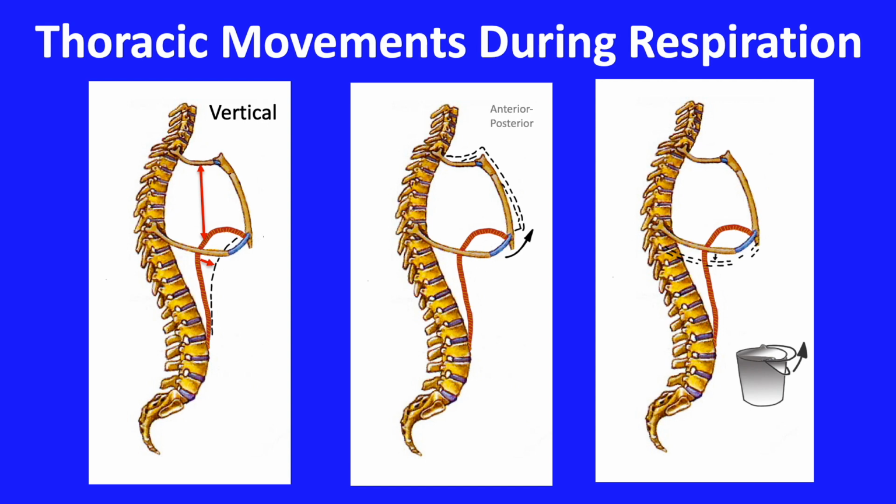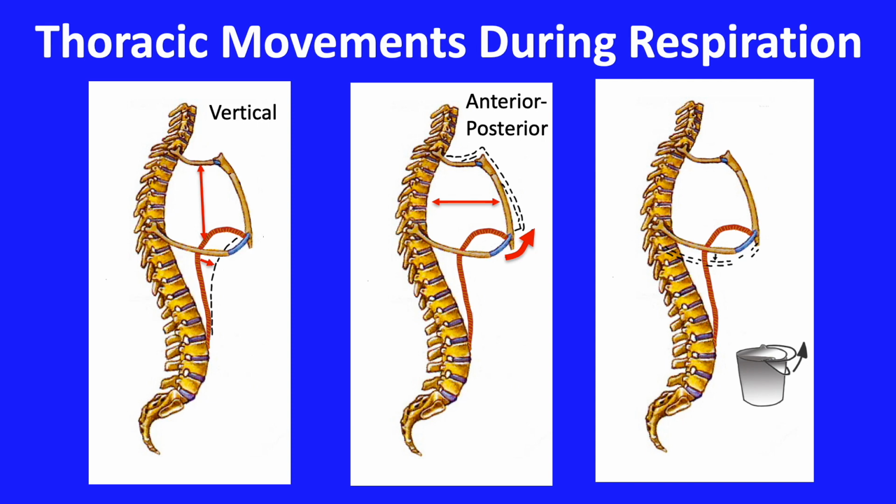Second, we increase our anterior-posterior dimension between the thoracic vertebrae and the sternum. This is accomplished by moving the ribs in an upward direction when we inhale. The ribs act similar to a lever and move the sternum anteriorly.